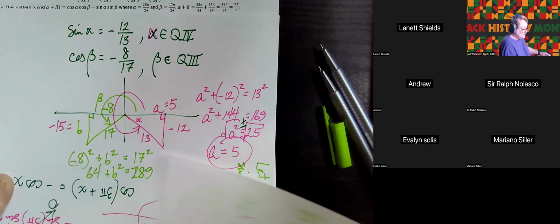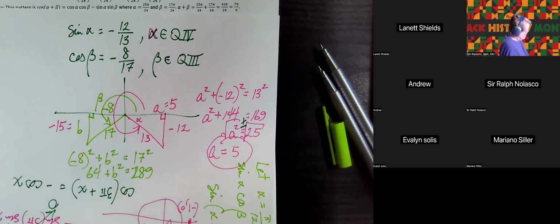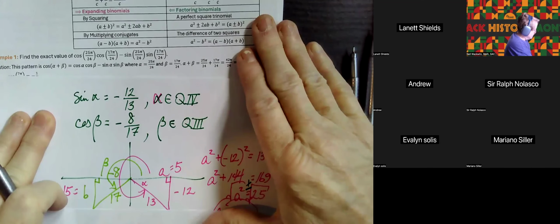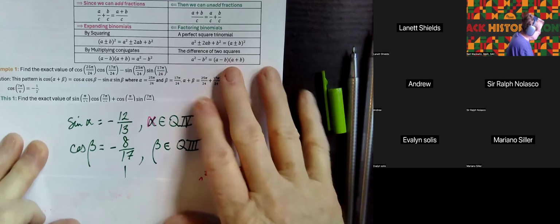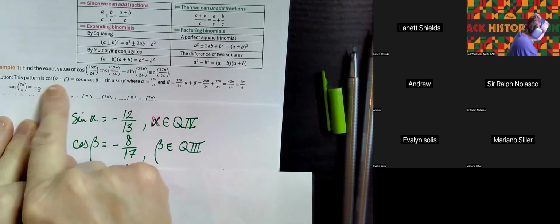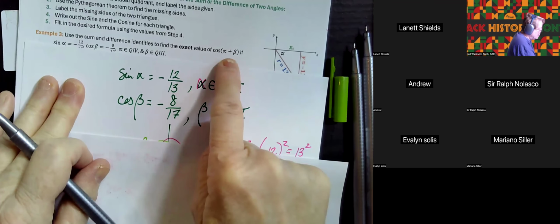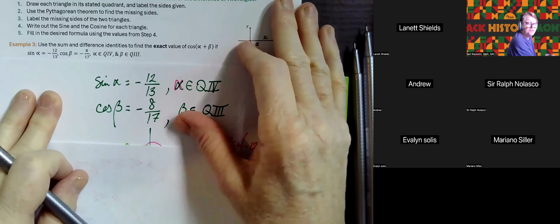So we've got all 3 sides for both triangles. And let's see what they were wanting us to find. We want to find the exact value of the cosine of the sum.